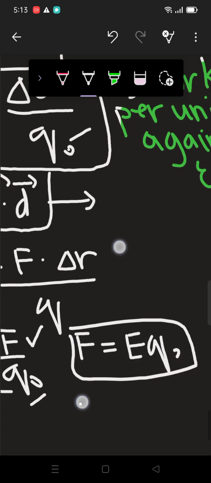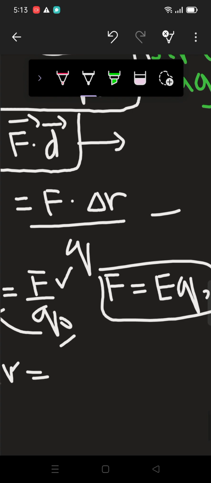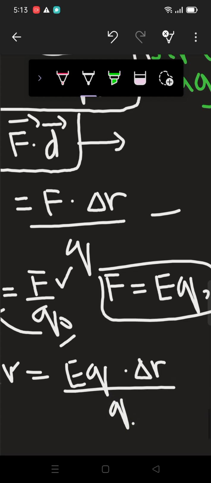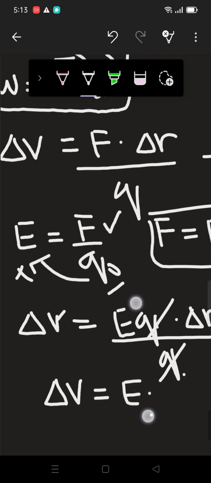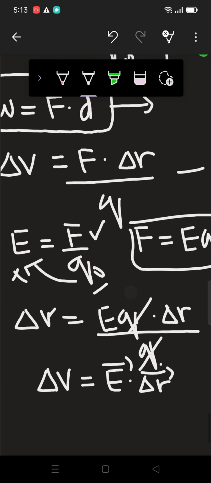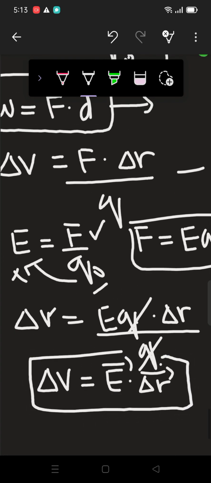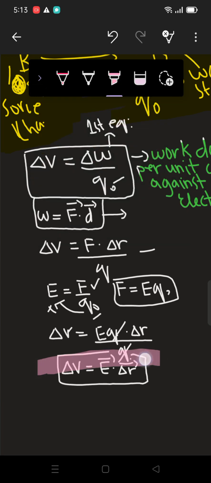Let's put this instead of F: del V is equal to E q naught dot del r upon q naught. This q naught cancels, and in the end we get the dot product of electric field intensity and the displacement. In the answer we have a scalar quantity, and that is what we call the potential difference.